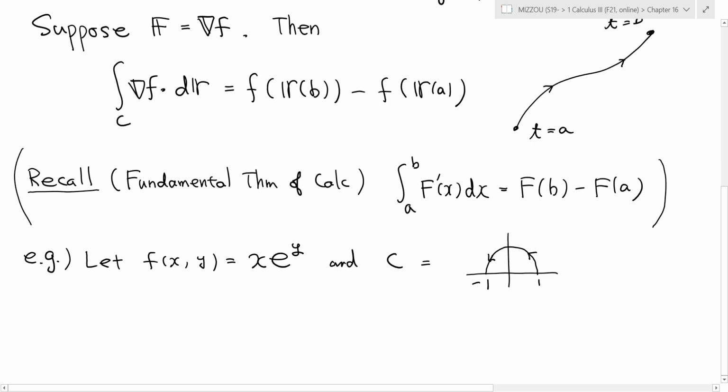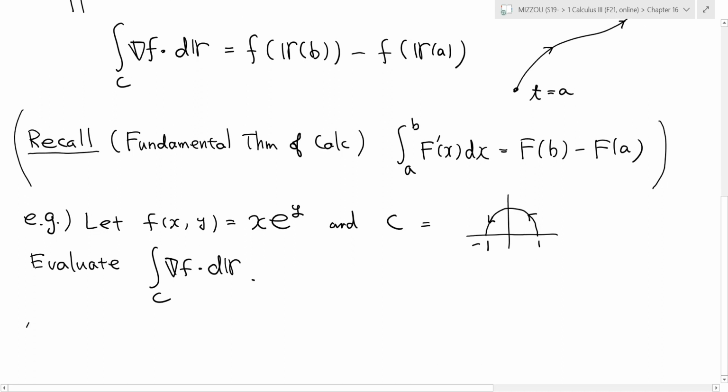The question is to compute, evaluate the integral of gradient of f dot dr over C, namely over this curve.